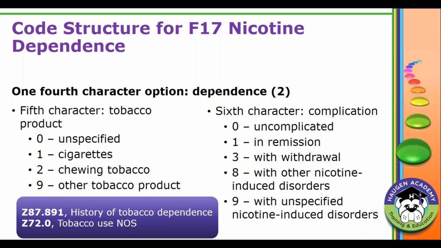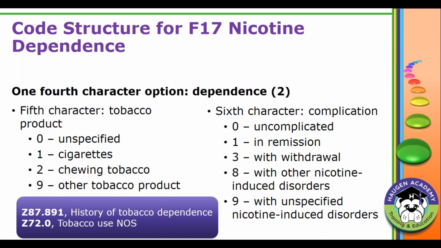The key for coding these is all in the indexing and the documentation. My recommendation always is, however the physician documents it in the medical record, that's how you should be looking it up in the index. So you've got these patients where the physician says that the patient's a smoker.